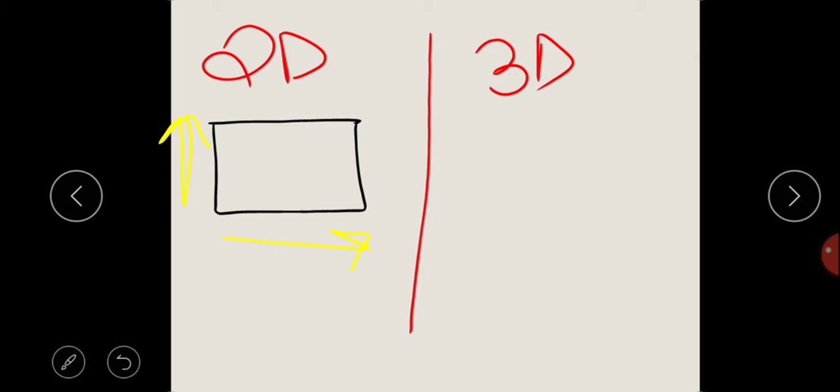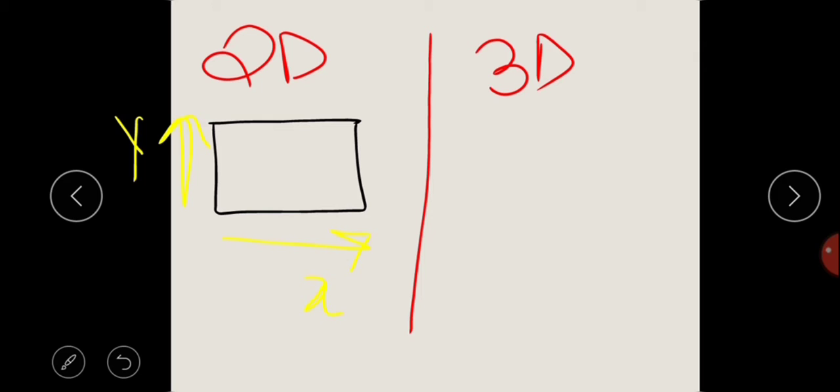We say that the lying side or the resting side is said to be the x-axis, whereas the standing side is said to be the y-axis. So if you see here in the 2D shape, we are having 2 dimensions, x and the y. Or in other words, we can say that this shape is covering space horizontally and vertically. This shape is covering space in width and length.